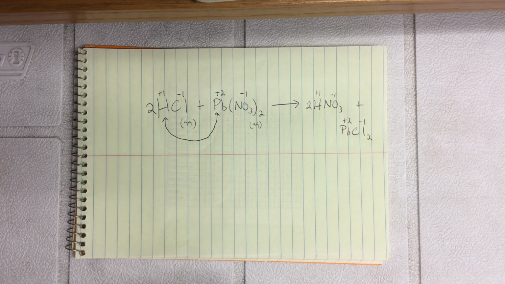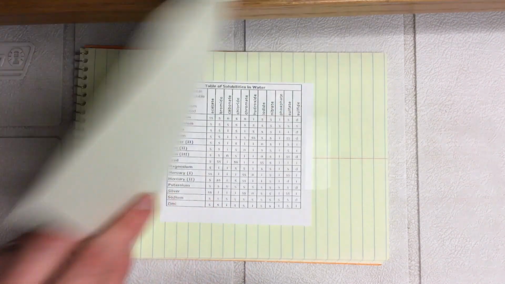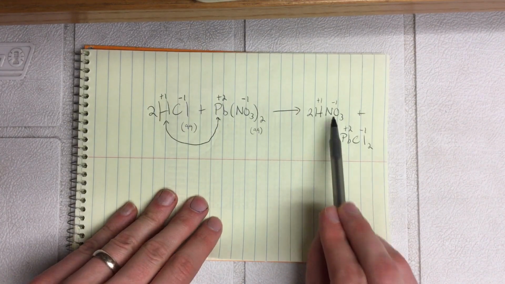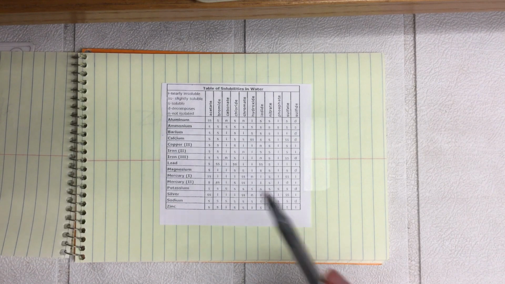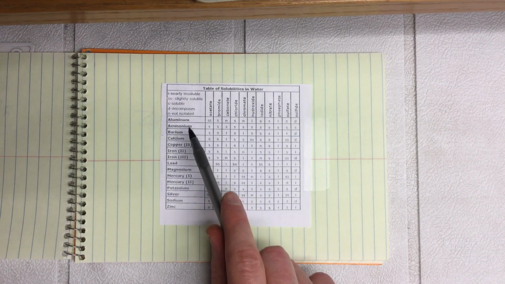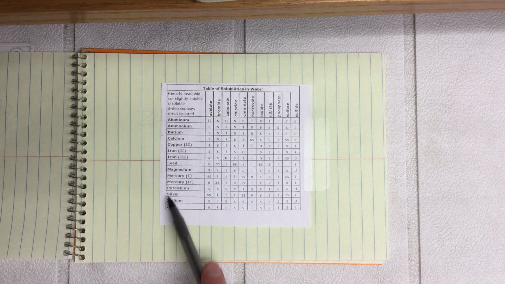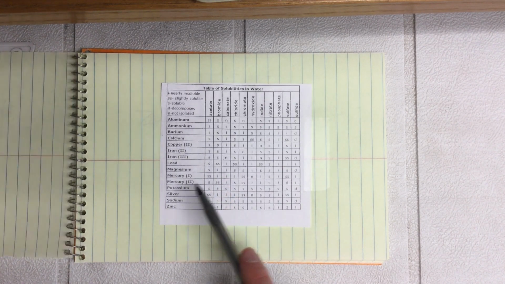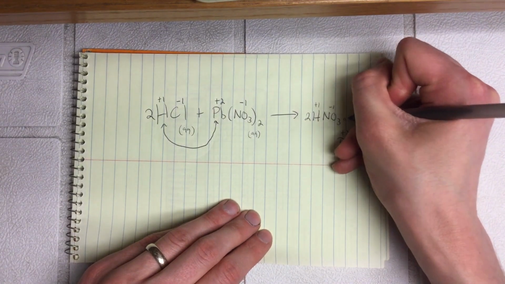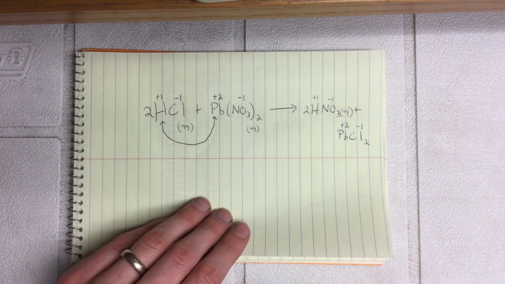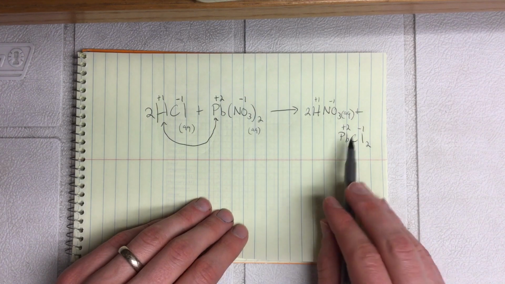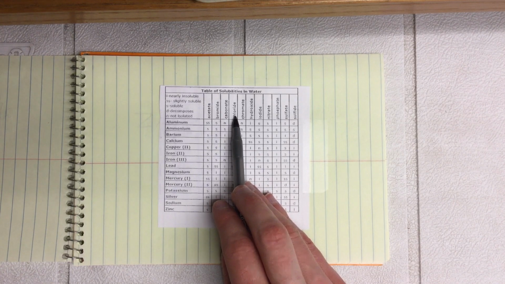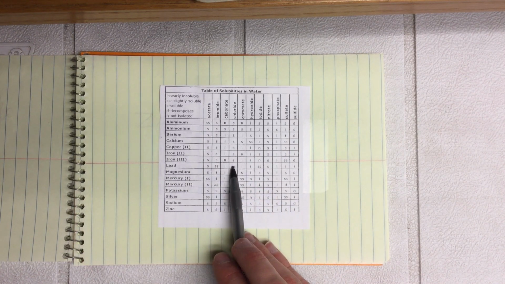Now we've got to see if any of these form a precipitate. The first one is hydrogen and nitrate. For this one, we actually don't have hydrogen on our list, which is unique, so we're going to assume that this is aqueous because it's not on our list. For lead and chloride, we match them up.